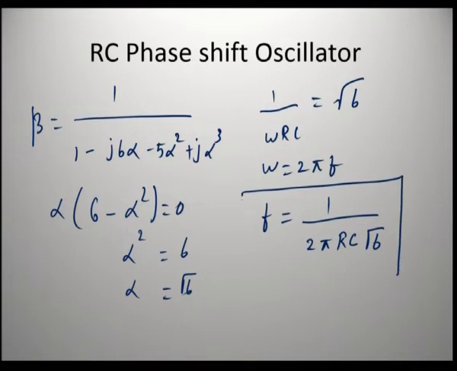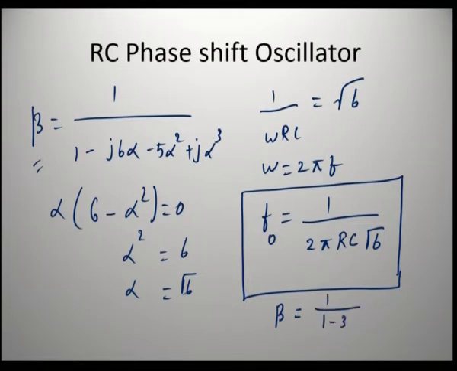This is the frequency of oscillation of the RC phase shift network. And if this alpha value is substituted in beta, in the real part, you will get the value as 1 by minus 29.